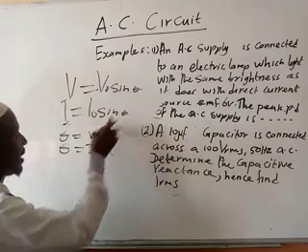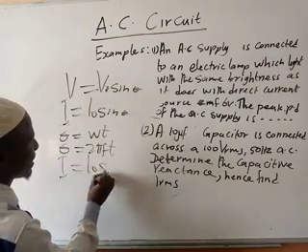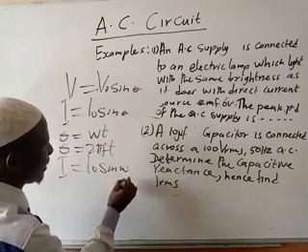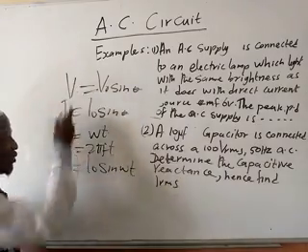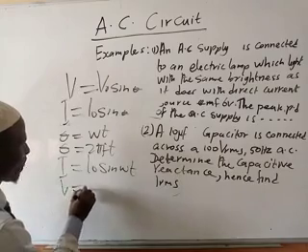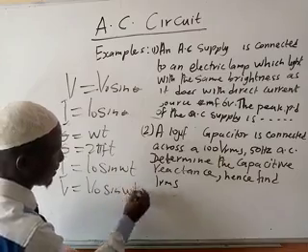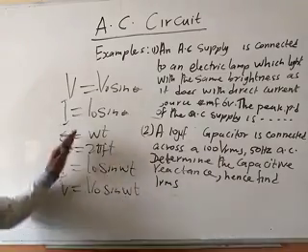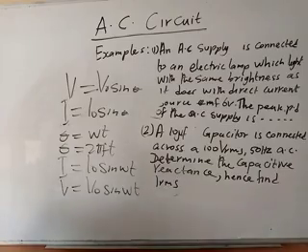So our I will be equal to I naught sine omega t. Or we have V as well. V is equal to V naught sine omega t. Take note of this formula very well, because we are going to make use of them as we go along the explanation.